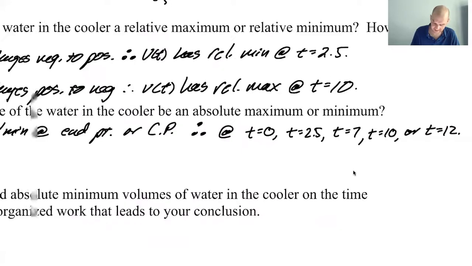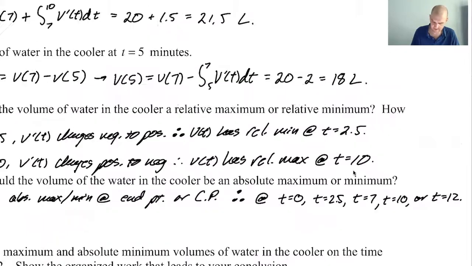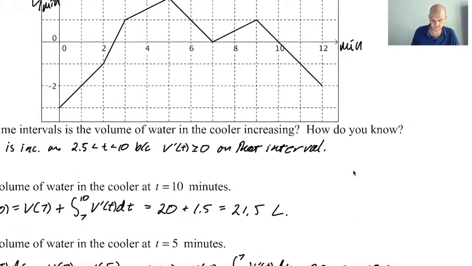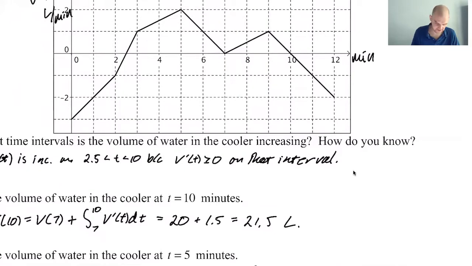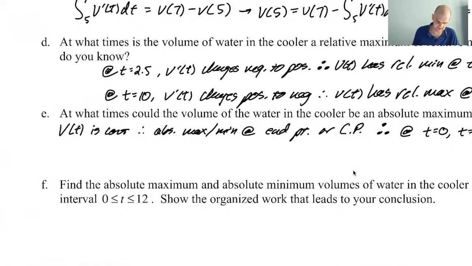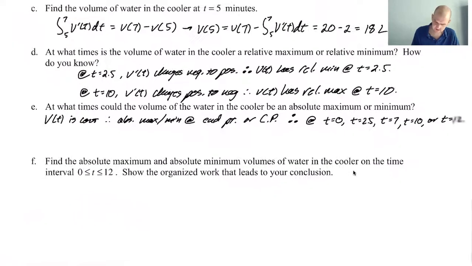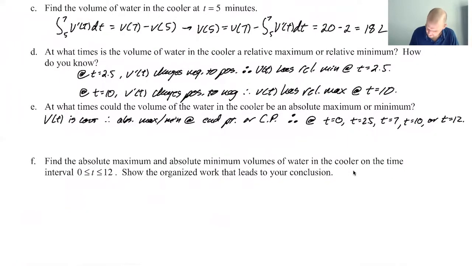So there are a lot of candidates, and that's why it's called the candidates test. It could happen at this value, this value, this value, this value, this value. So by candidates test.